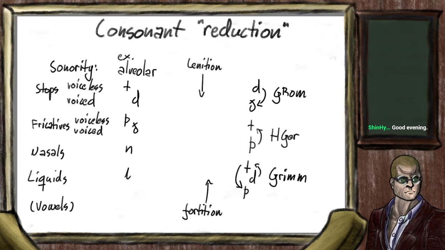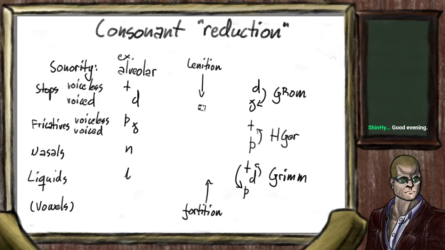You might wonder if consonants can reduce as well. The same word isn't used, but there is a very similar process. I have written out a sonority hierarchy here with less sonorous sounds at the top and more sonorous at the bottom. And when you move down in this hierarchy, towards more sonorous sounds, that's called lenition.